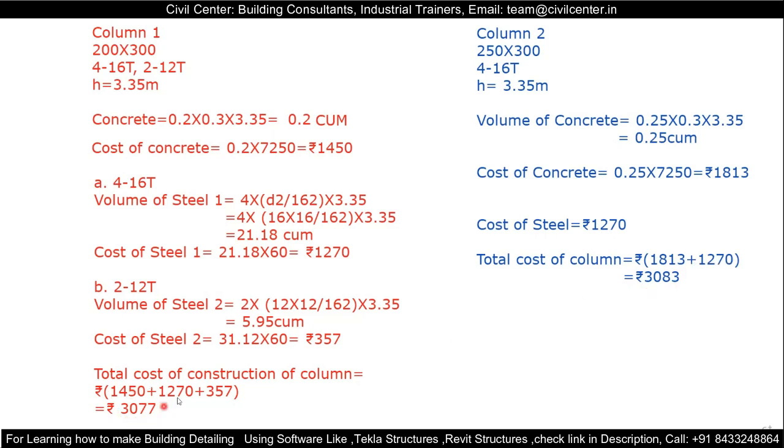Similarly we compare the cost of the construction and then we give the final results in the structural drawings. So guys, I think you have learned a lot in this video, and now you can easily calculate the cost of the column. If you are calculating the cost of one column, then there are multiple columns in the building, and if you are working on multi-story projects, then there will be so many columns and you can save the cost of the construction like this.